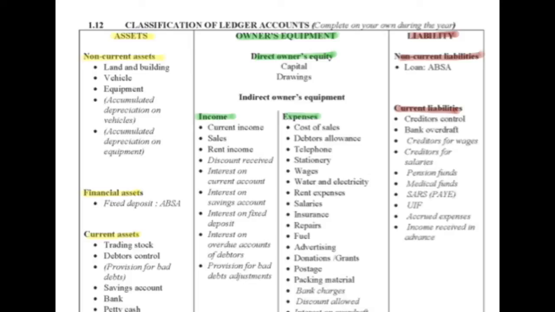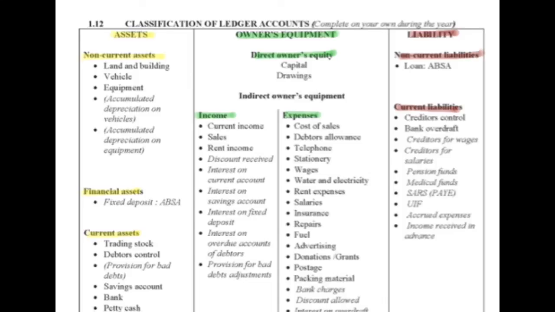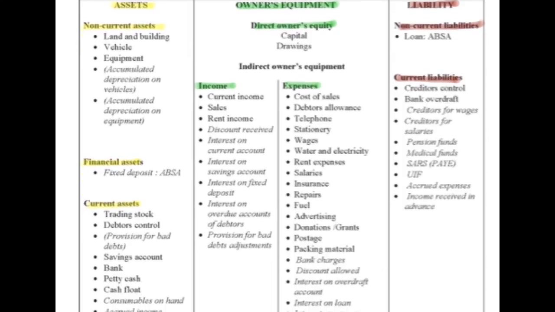So your assets, those are your non-current assets, your financial assets, or your current assets. Your non-current assets, those are land and buildings, vehicle and equipment. Later on, we're also going to learn about accumulated depreciation on vehicles or on equipment. Financial assets, those are your fixed deposits. We're going to learn about them in Module 2.